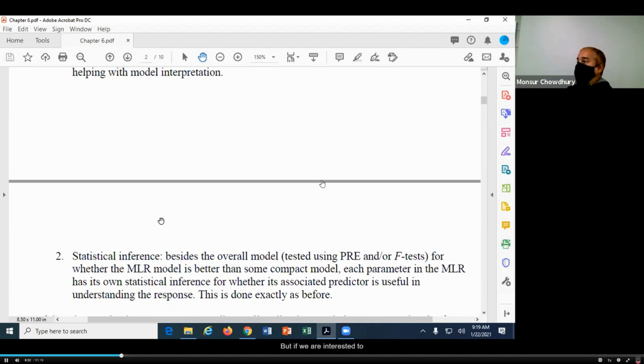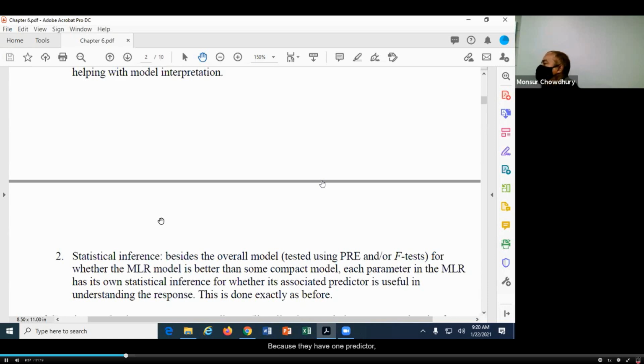But if we are interested to know if an individual predictor is itself useful or not, then we do the individual test, which we can do in multiple regression models. That means we check whether individual predictors are useful or not, because we have more than one predictor. In simple linear regression we didn't do this part.